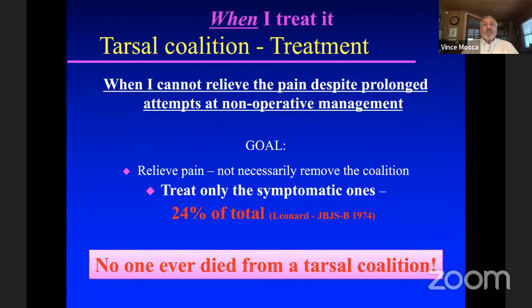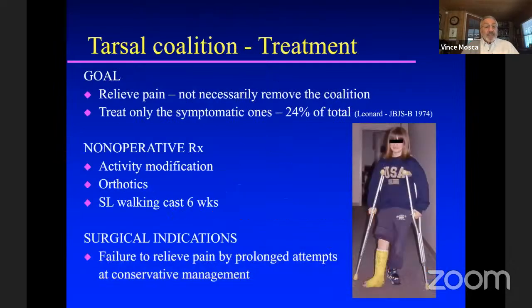And what about trying to convert the small percentage of painful coalitions into painless coalitions by non-operative measures? No one ever died from a coalition. So if you take the time to restrict activities, maybe use some cushioned orthotics, perhaps use a boot or a cast for a few weeks to decrease the inflammation and stop the pain, you might be able to convert some of the painful feet with tarsal coalitions to painless feet with tarsal coalitions.